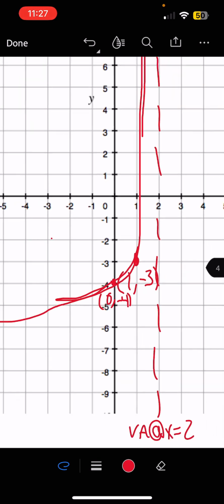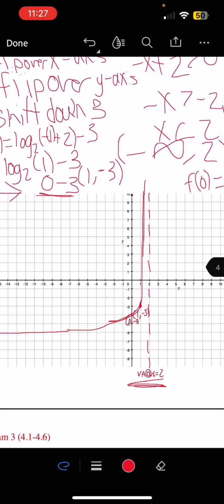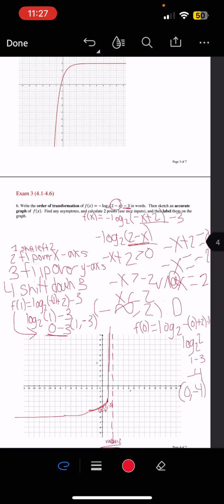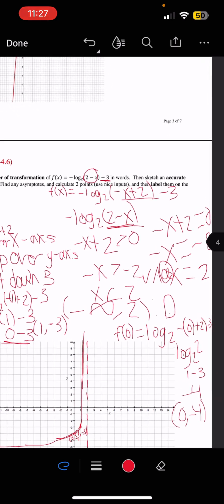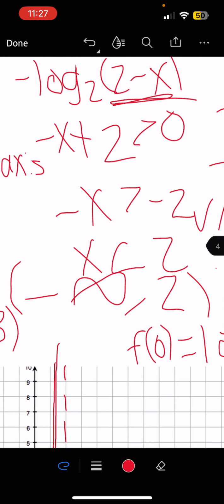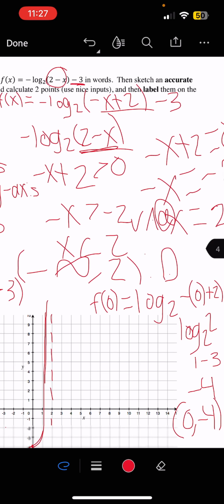But it will never hit the vertical asymptote. It always approaches it, and you can see that based on our domain, negative infinity, comma 2, but it's an open bracket, so it'll never hit that.